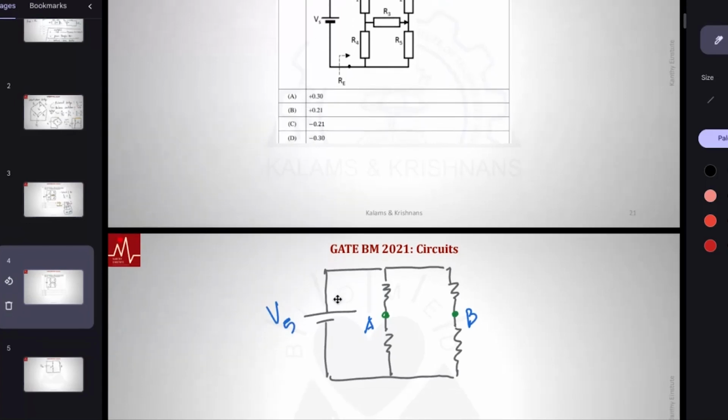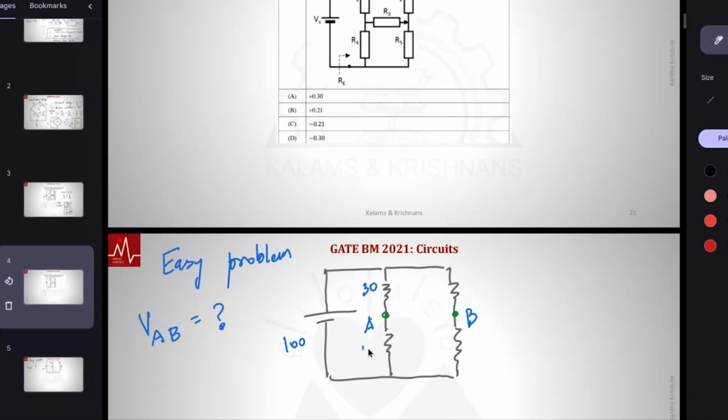Quickly, let's look at this easy problem. Let's say this resistance is infinite, that is, not connected. Easy problem. Someone tell me what is VAB, that is VA minus VB. If you want the numbers, this voltage is 100. This resistance is 30, 45, and we have 60 under 30.